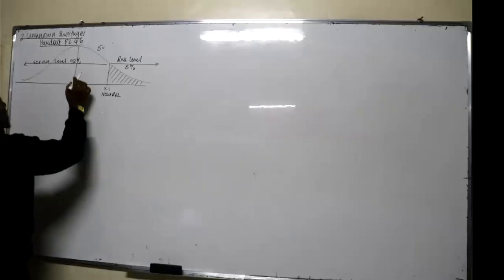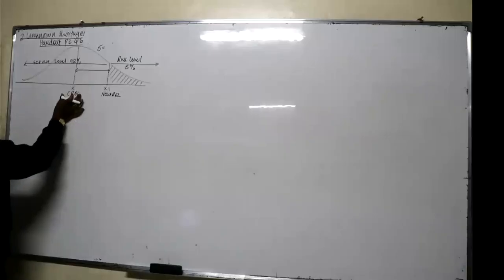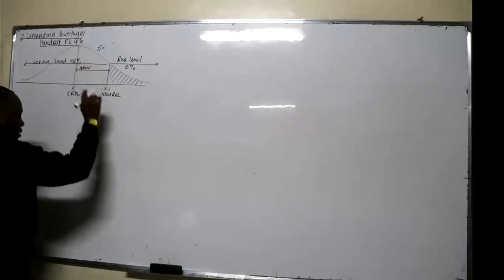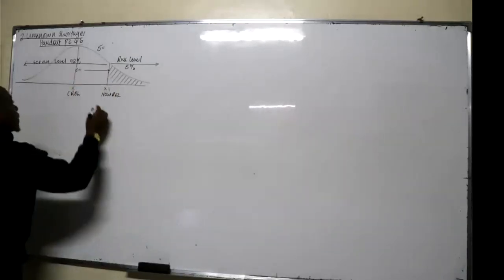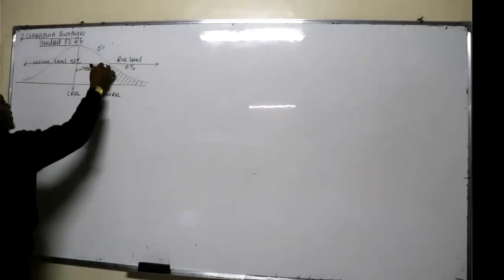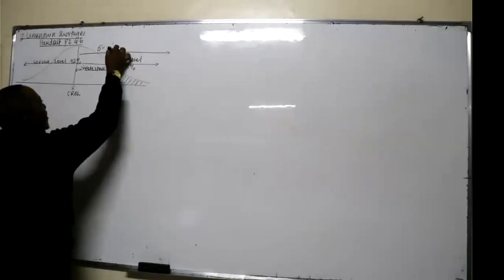Therefore, what's the probability of the safety stock? You said that the safety stock is the difference between the current reorder level and the new reorder level. This way you get the safety stock. You know that on this side the probability is 0.5.